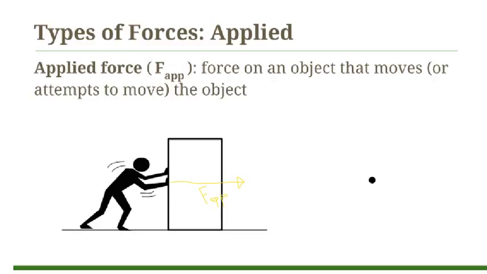And if the object moves, that force has to be greater than the force of friction and the gravitational force and the normal force. So if we're going to put this all together, we have our normal force, we have our force of gravity, we have our normal force, we have our force of friction, and we now have our applied force.